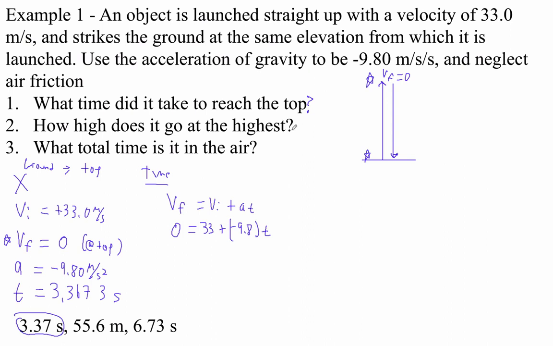Okay, I'm going to answer total time in the air too. Total time is equal to 3.3673 seconds up plus 3.3673 seconds down. Since it's the same elevation, I can just take that number and multiply by 2. This is the time it takes to just go up, so if I multiply by 2, I'll get the total time in the air, because it spends that much time going up and that much time going down.